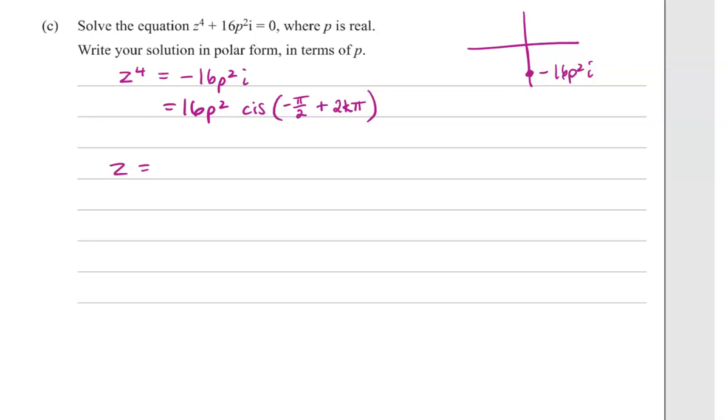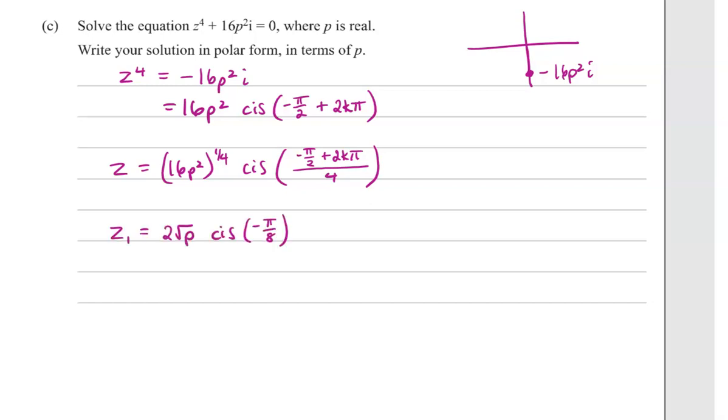So z is equal to the quarter root of the modulus, and the argument then gets divided by 4 when it's in polar form, because we've got that z to the power of 4. So if we tidy that up, the first root of z will be 2 root p, to get that quarter root of 16p squared, cis minus pi by 8, where we haven't taken any extra turns around that axis yet.